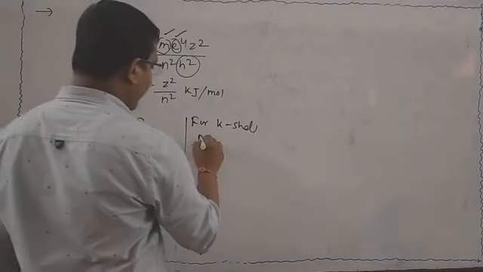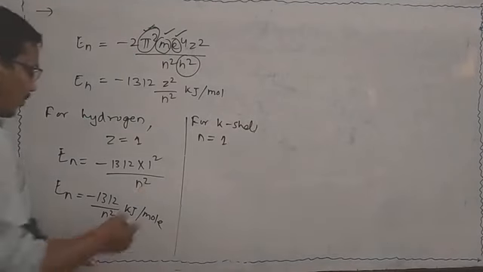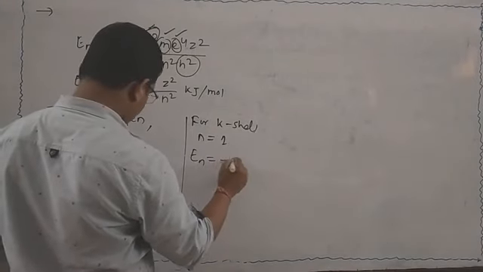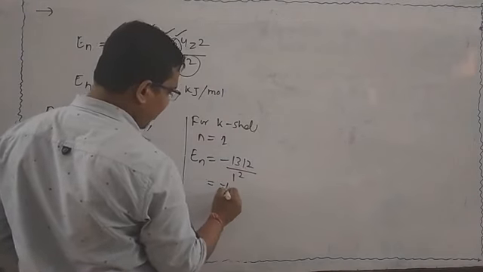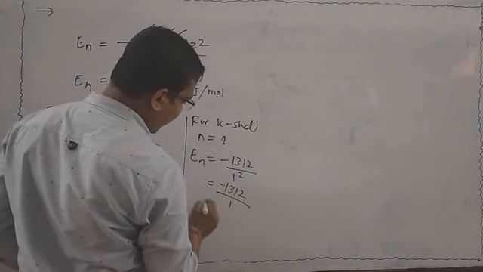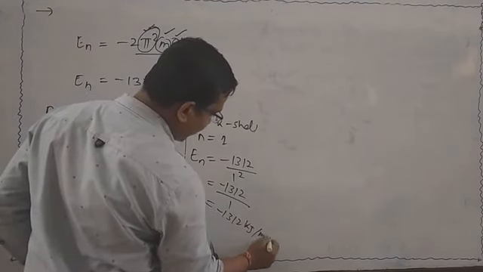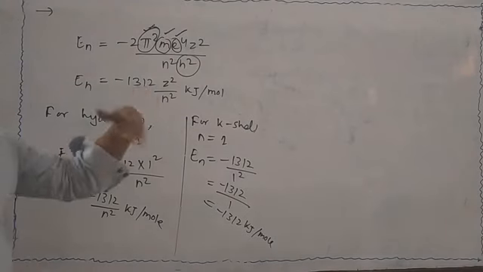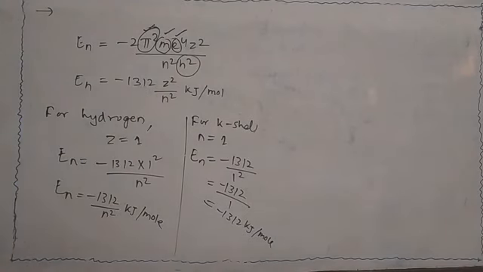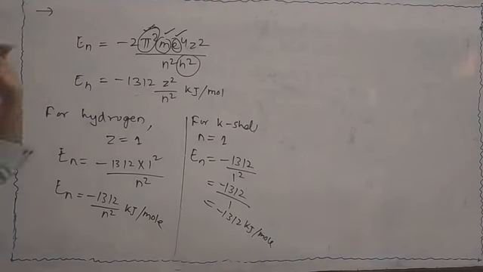By putting 1 here, you find En is equal to minus 1312 by 1², that is minus 1312 kilojoule per mole. That means if I know which atom and which shell, I can put the values of Z and n and find the final value of En.